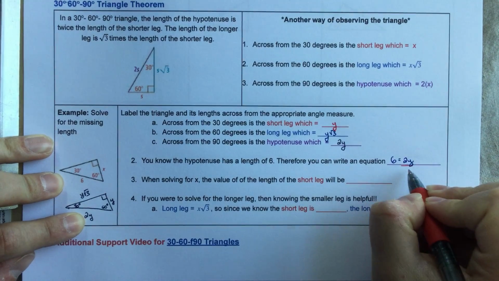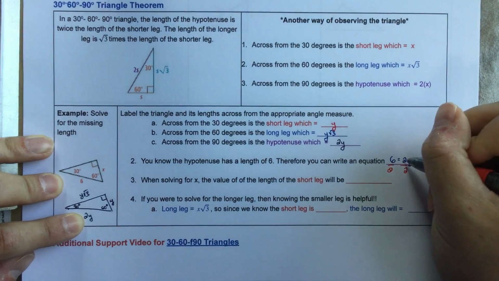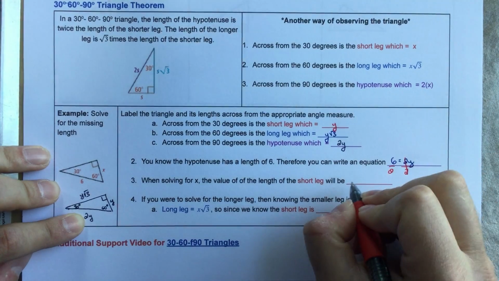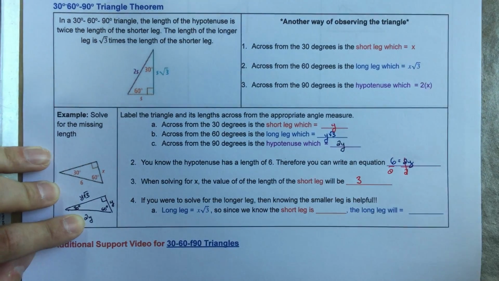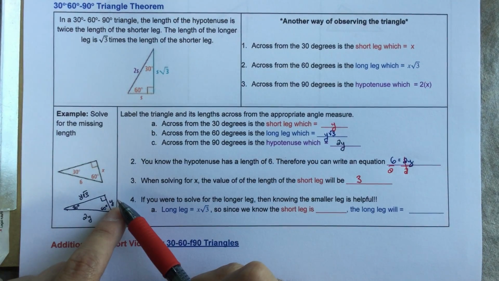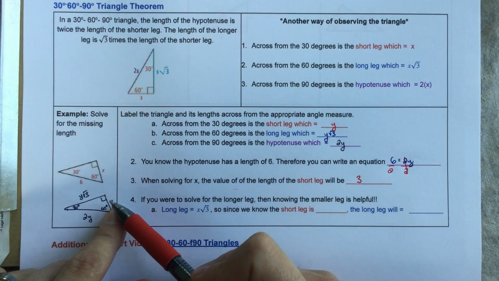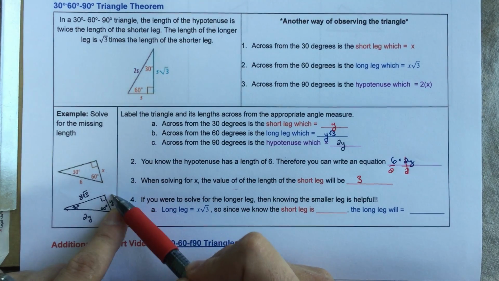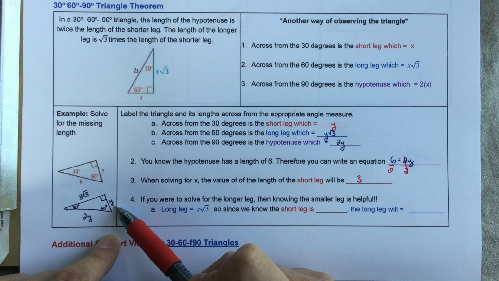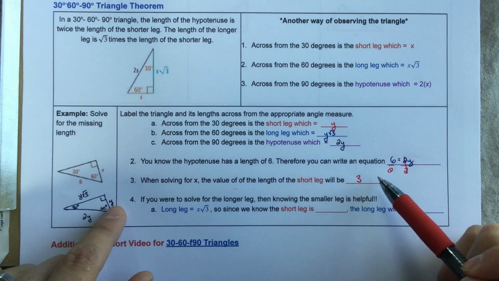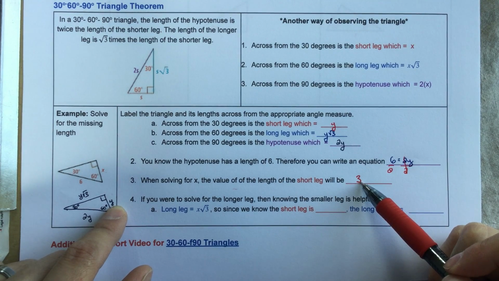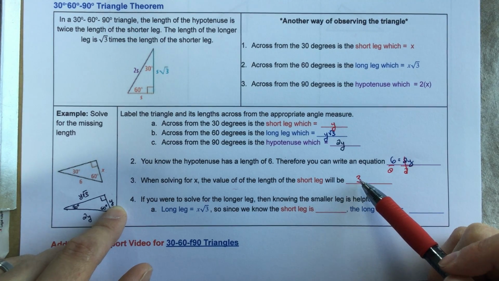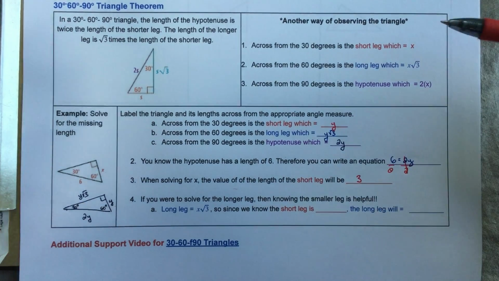When we divide by 2 on both sides, you will get y equals 3. In this case, our y, our small leg, when solving for x, this variable right here, these two will be the same value. So our short leg must be 3. And the best part about this is once you know your short leg, let's go back up here.